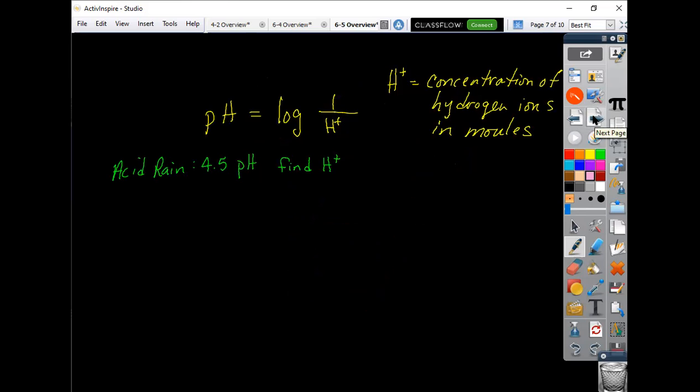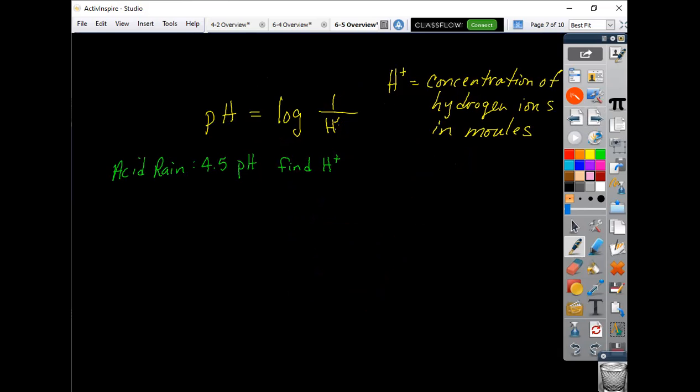All right, an application problem. The pH, the acidity of something, can be calculated from the concentration of hydrogen ions in moles. So 1 over the number of hydrogen atoms in the mole.